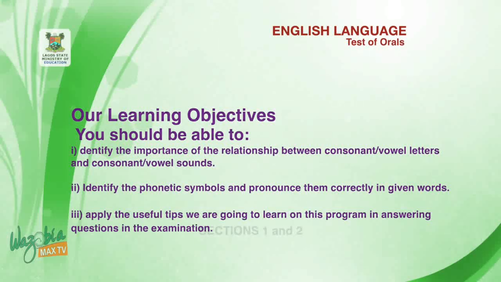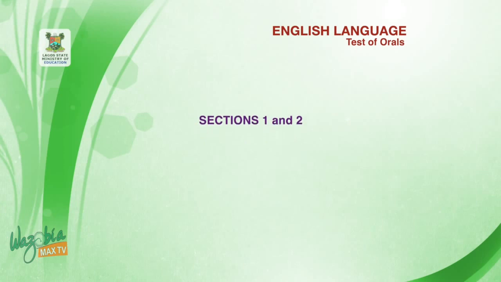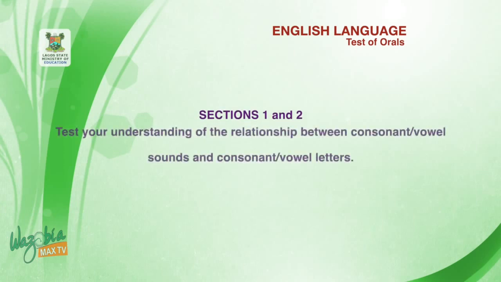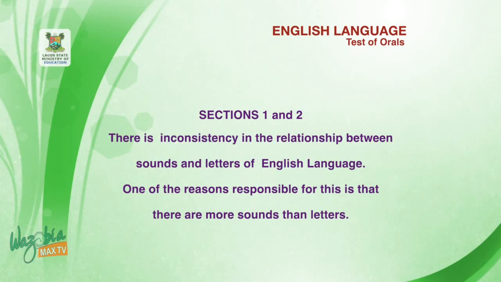The paper is divided into 7 sections. Sections 1 and 2 test your understanding of the relationship between consonant and vowel sounds and consonant and vowel letters. I need to let you know or remind you here that there is inconsistency in the relationship between sounds and letters of the English language. One of the reasons responsible for this is that there are more sounds than letters.